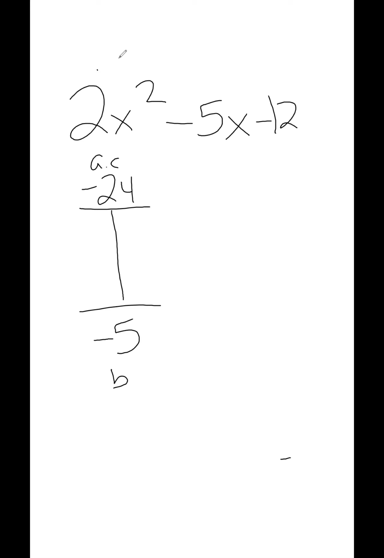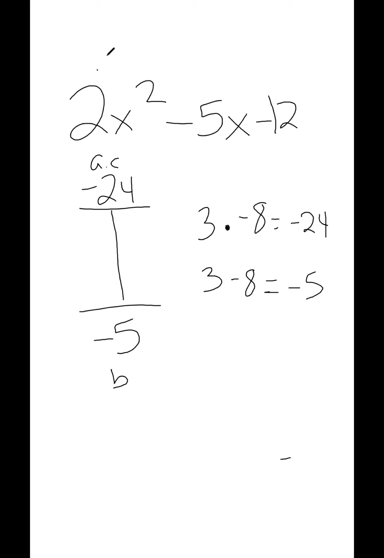And since this is already a very long video, I'm going to take a shortcut because I already know. 3 times negative 8 is negative 24. 3 plus negative 8, and I don't like to do that. Let's do this. 3 minus 8 is negative 5.